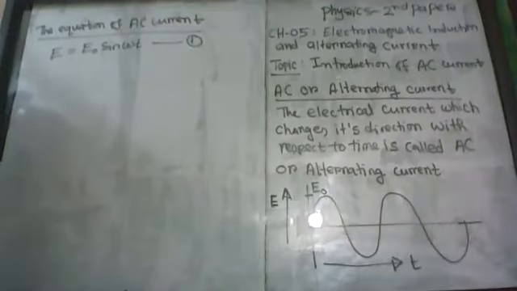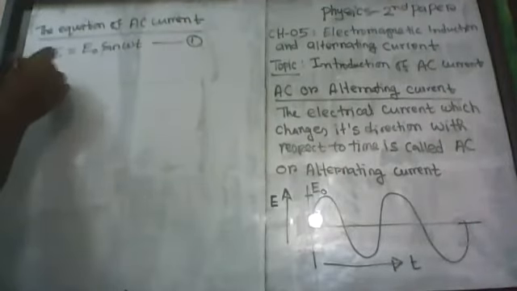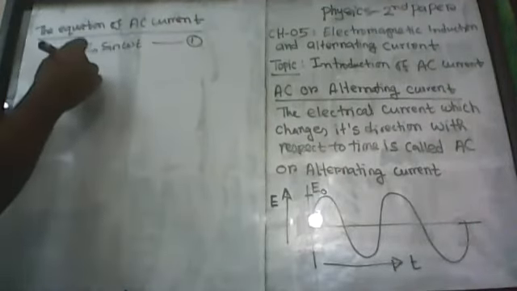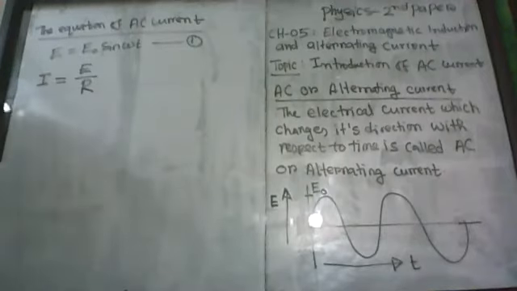Now, the equation of AC current. You know that according to Ohm's law, I will equal V divided by R. V is the voltage, so here electromotive force is replaced by voltage E, and R is the resistance.